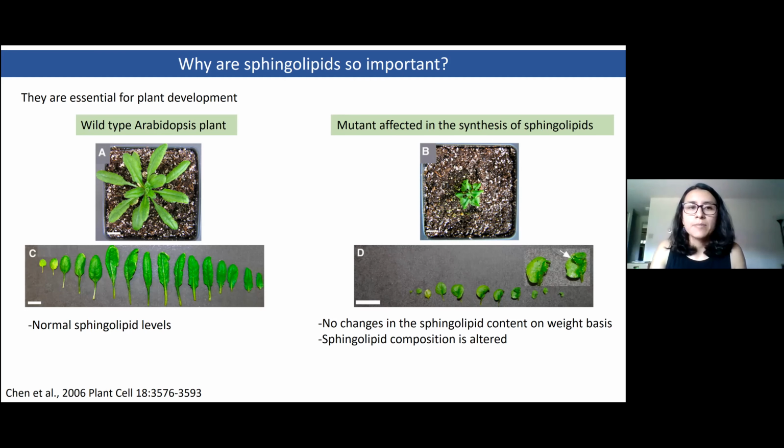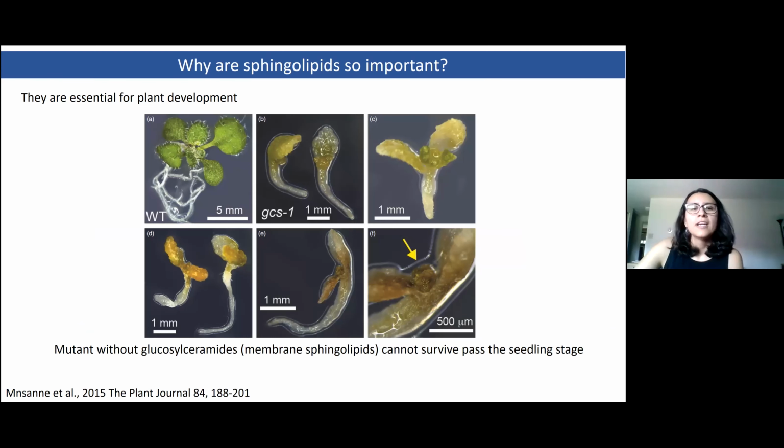This is an example of how a reduction in synthesis can have a very high effect on these lipids. Another example here is a mutant, again from Arabidopsis thaliana, that lacks the specific glucosylceramides, which are the complex lipids forming membranes.